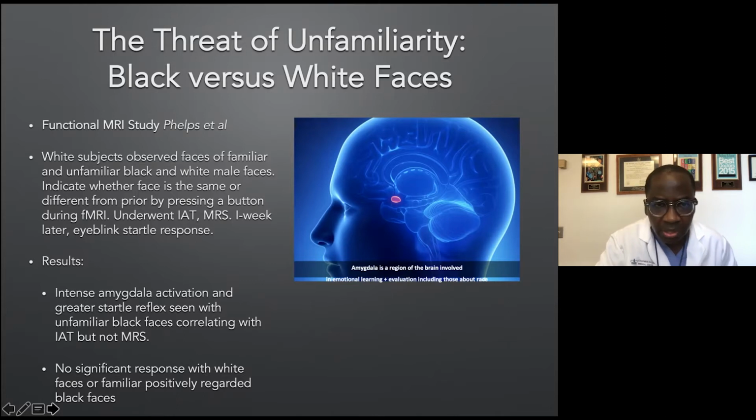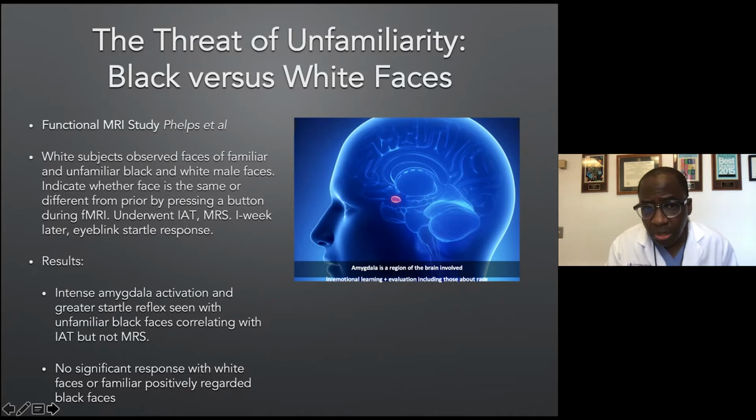So white subjects were put in an MRI scanner, and they were shown white faces and Black faces. They were both familiar white faces and familiar Black faces, unfamiliar white faces and unfamiliar Black faces. And they all underwent the implicit association test, which tests unconscious bias.